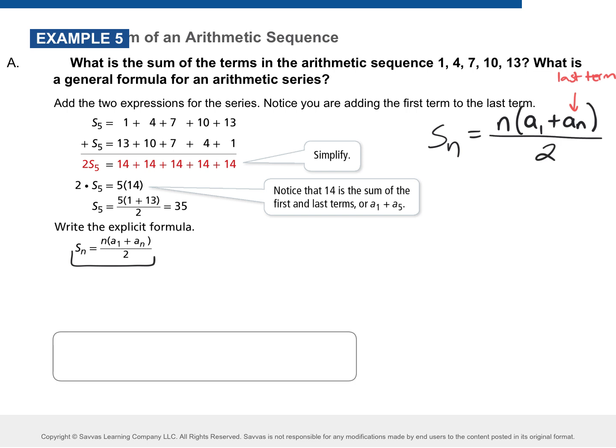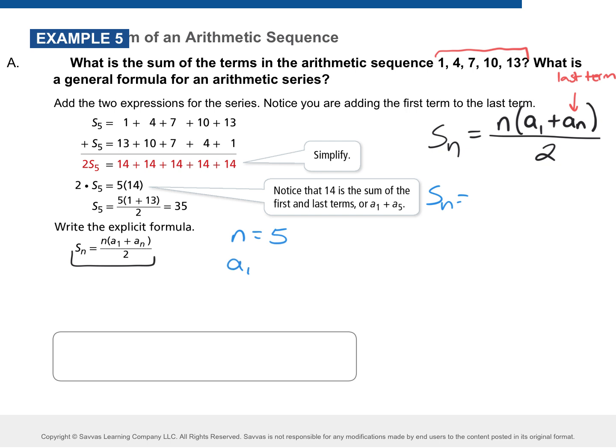Okay, so let's practice using this formula using this sequence up here. Let's plug in values. So our sum, or our S_N, what is our N value? Again, N stands for the number of terms. How many terms are there? 5. So our N is 5.